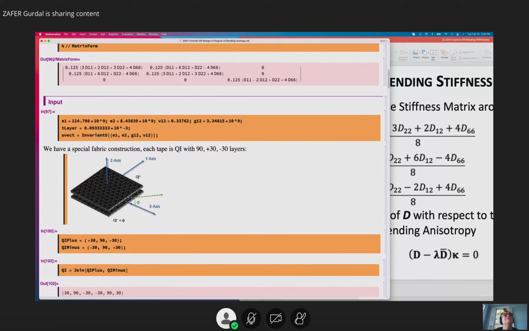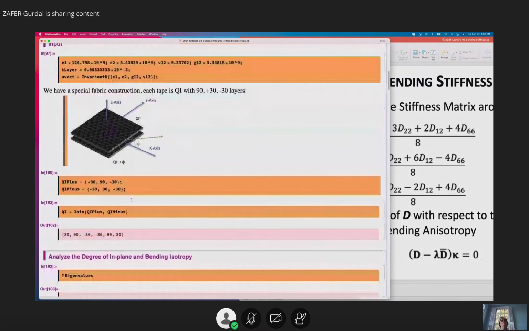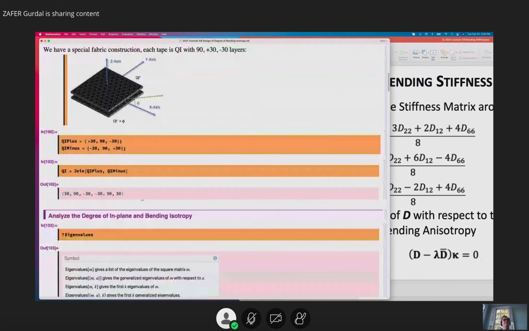I am rotating the QI minus by an angle phi from the x-axis. So I'm keeping the top layer the same, QI plus, but I'm rotating QI minus by an angle phi compared to this. This is not going to change the A matrix, but it's going to change the D matrix. And I want to see what it does to the D matrix.